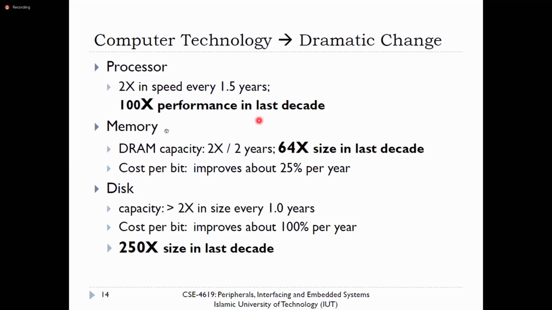This has a huge impact nowadays: even in a small tiny device, or a smartphone, we are using a huge amount of memory and processor capacity. Then disk capacity more than doubles every year, the cost per bit improves about 100% per year, and the size has increased 250 times.